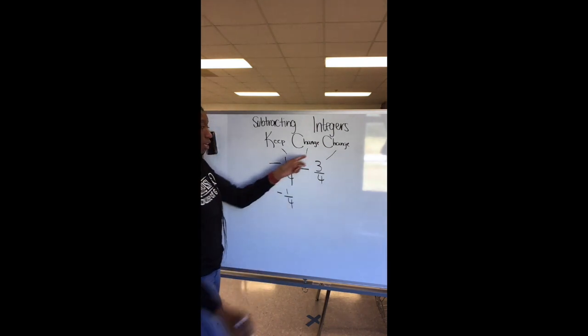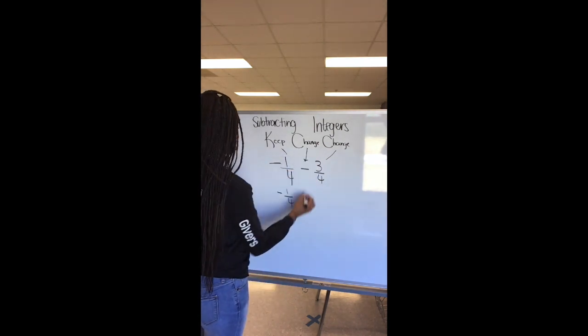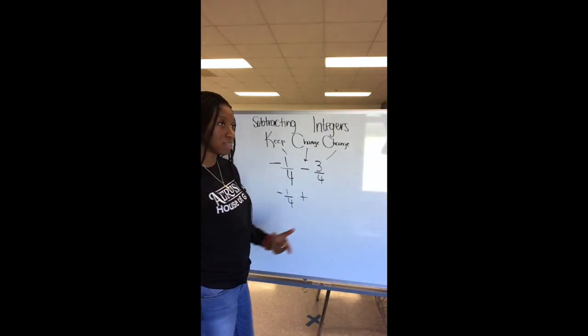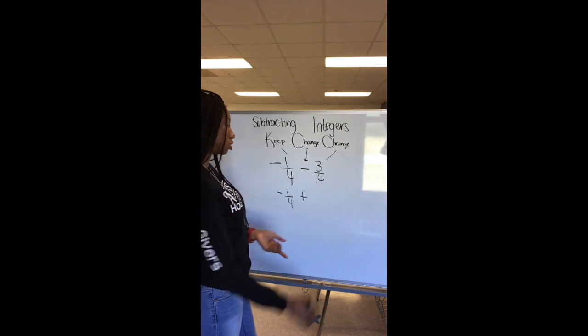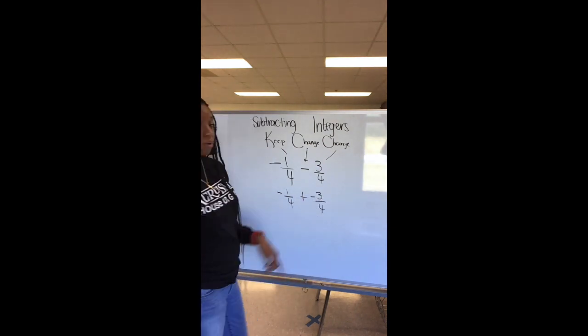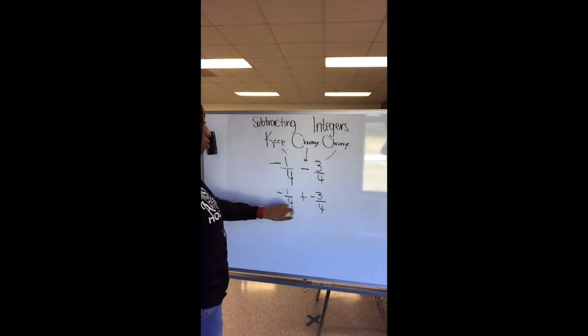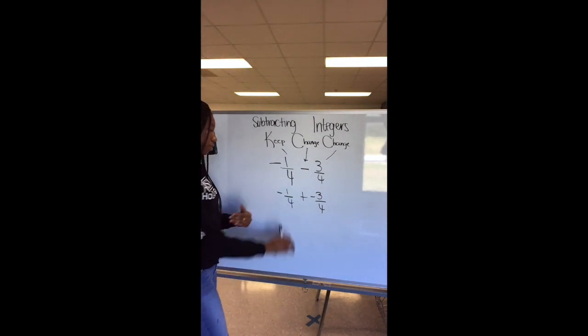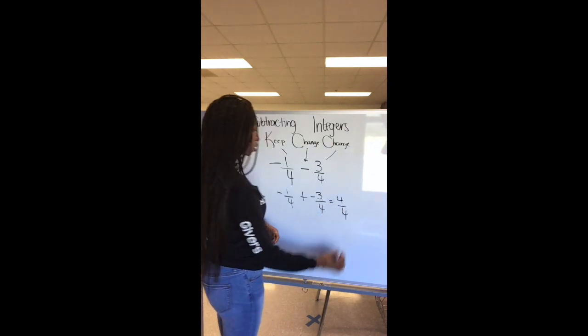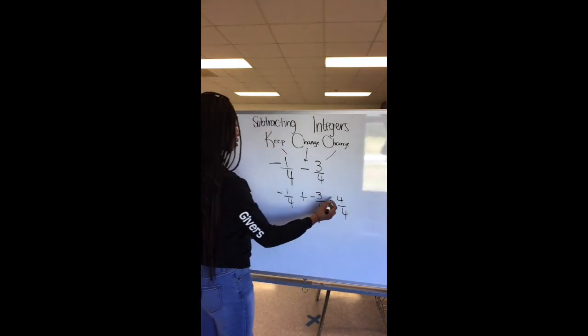All right, and you change the subtraction sign, change that to addition, and you change 3/4, it changes to the opposite of 3/4, which is just negative 3/4. So now we can go ahead and add that. We know that it's same signs, you just add and keep. So 1/4 plus 3/4 equals 4/4, and then you keep the negative sign.